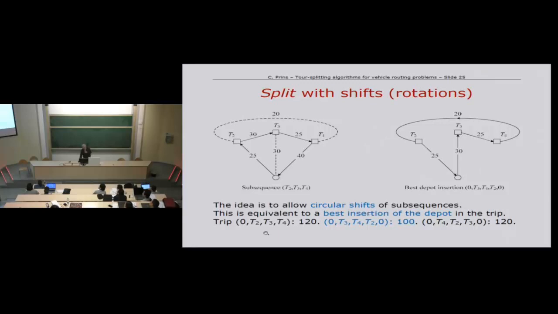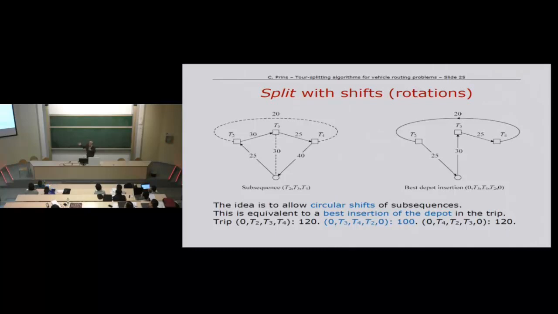In the classical split, the cost of this subsequence is 120. But if you decide to begin with customer T3, then you visit T4, then you come back circularly to visit T2, you obtain a cost of 100. And if you start with T4 and then you visit T2 and T3, you obtain again 120.